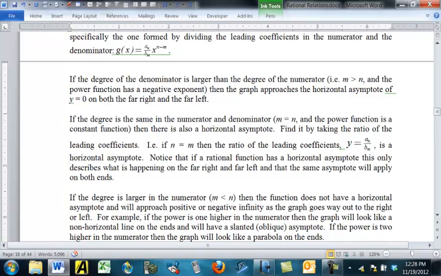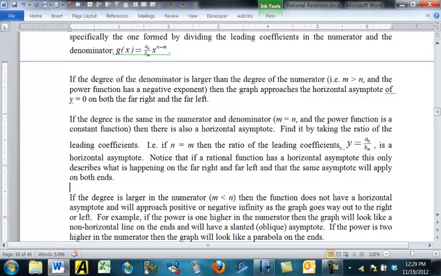If rational functions have a horizontal asymptote, it's the same asymptote on both ends of the graph. Remember, for example, exponential functions had an asymptote on one end, but not the other end. But if rational functions have one, they'll be the same on both ends.